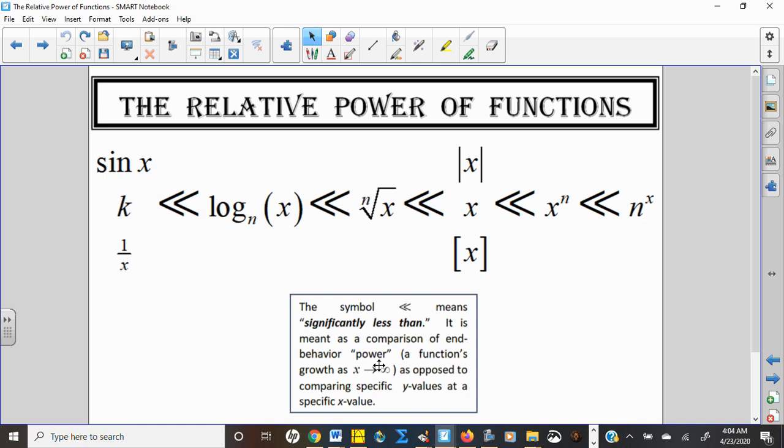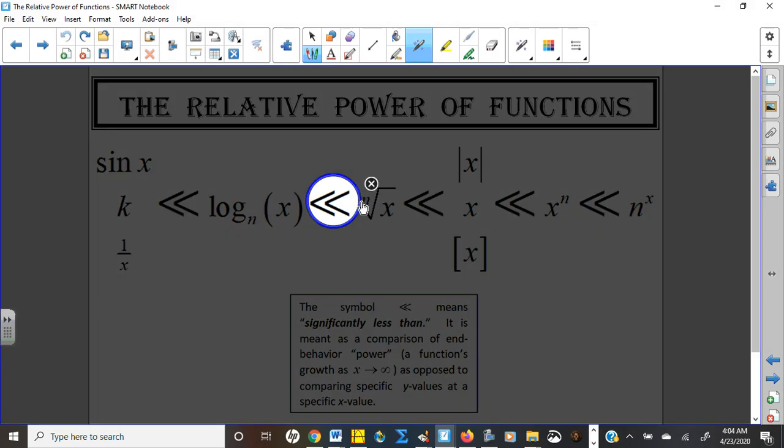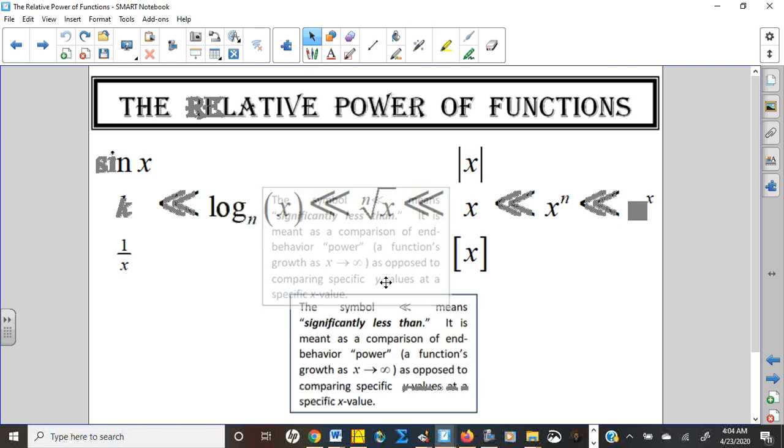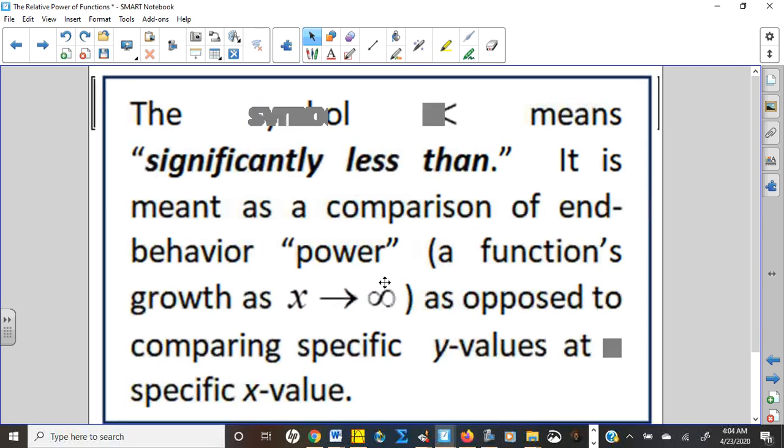And so this symbol that we have in here looks like a less than sign, but it's doubled. What that technically means is significantly less than.